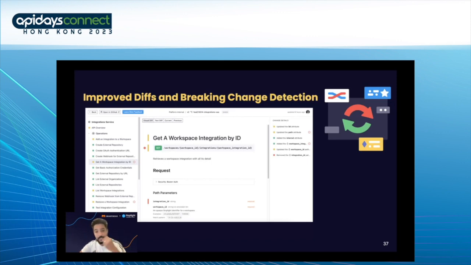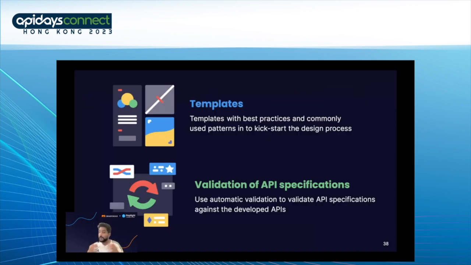And that really helps. If you detect a breaking change, you can have a conversation about it within the review process itself, rather than knowing about it later once it breaks things for consumers, be it internal or external. You can provide templates as you grow more mature.